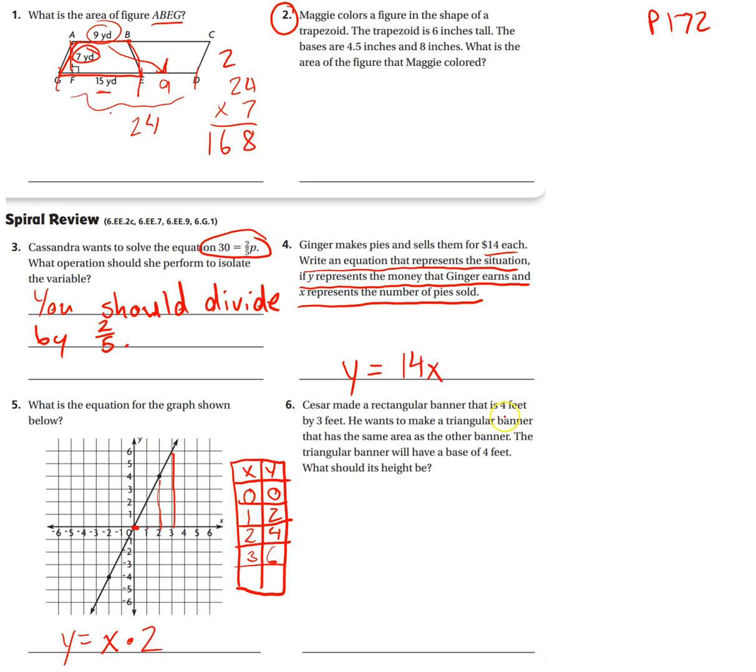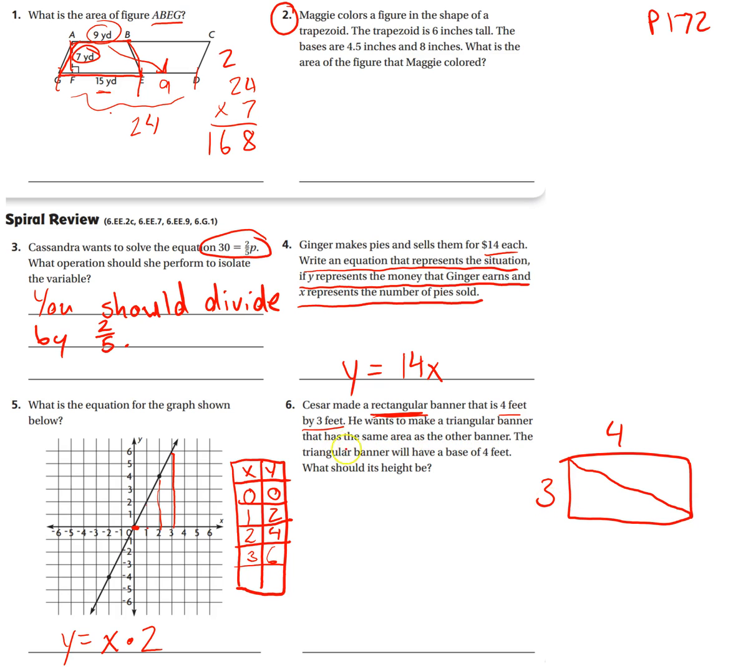Caesar made a rectangular banner that is 4 feet by 3 feet. He wants to make a triangular banner that has the same area as the other banner. The triangular banner will have a base of 4 feet. What should the height be? Well, height is still going to be 3 feet if he wants to cut it in half, right?